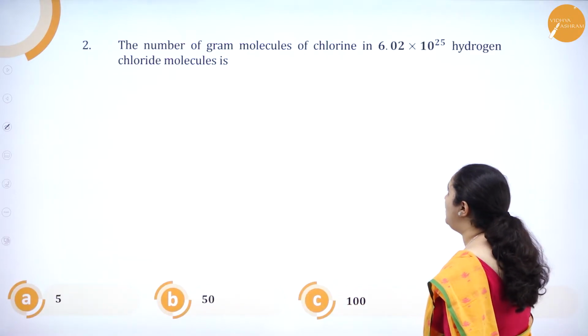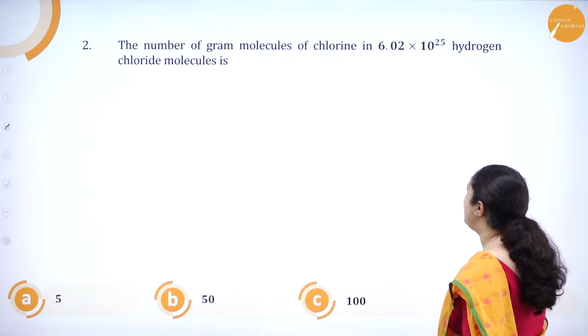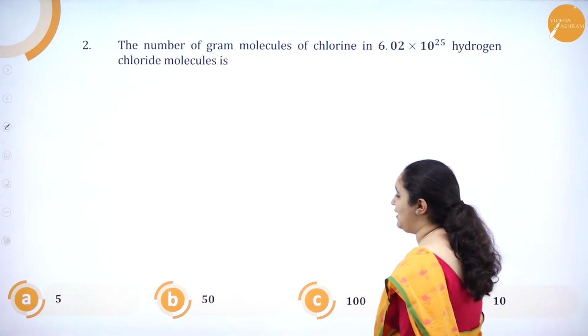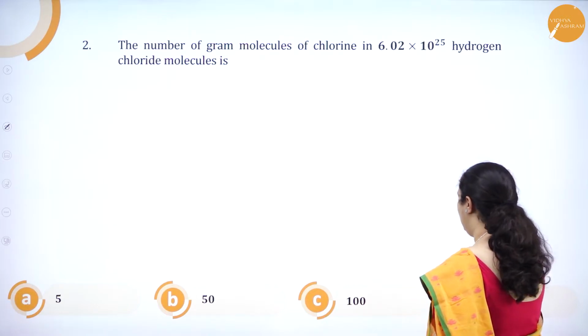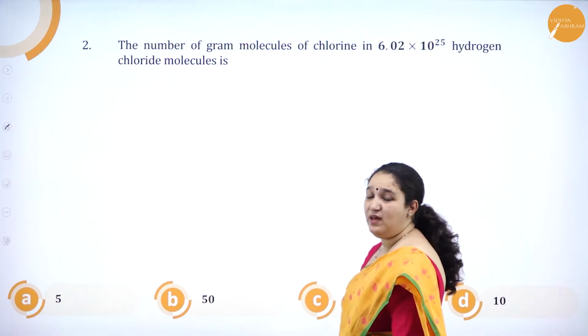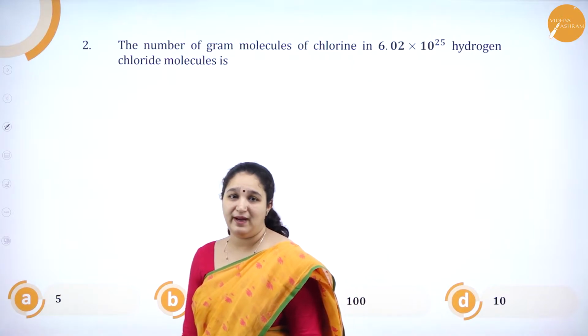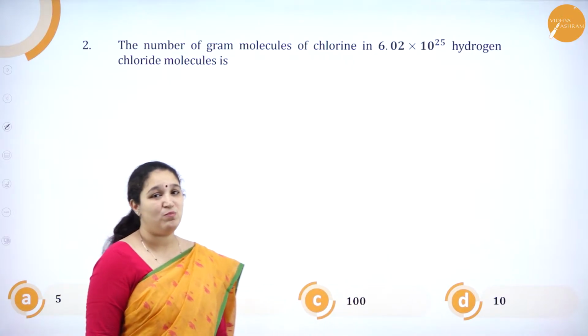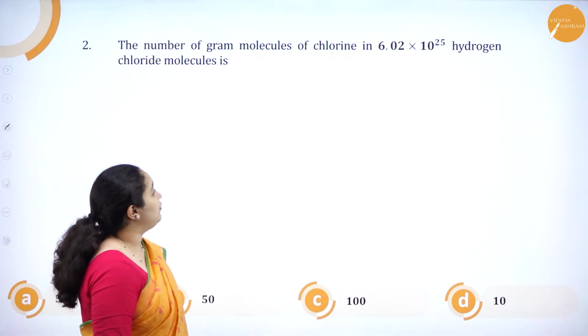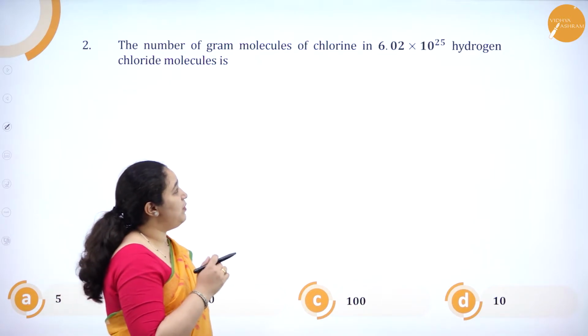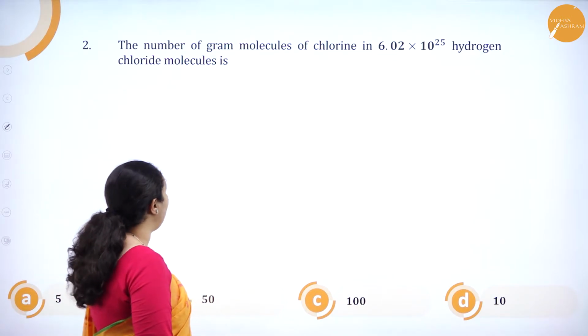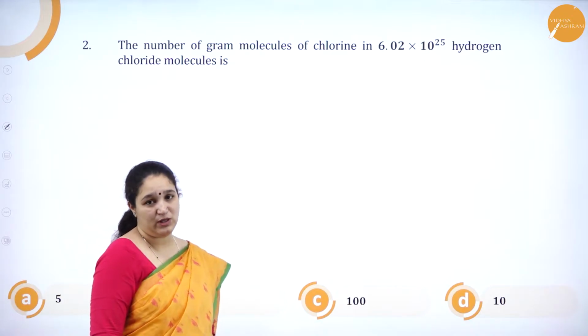The number of gram molecules of chlorine in 6.02 into 10 power 25 hydrogen chloride molecules is 5, 50, 100, 10. So they are asking us to calculate the number of gram molecules of chlorine in 6.02 into 10 power 25 hydrogen chloride molecules.